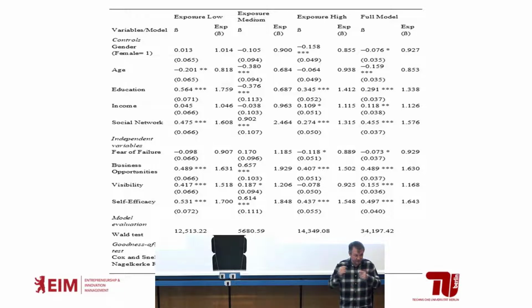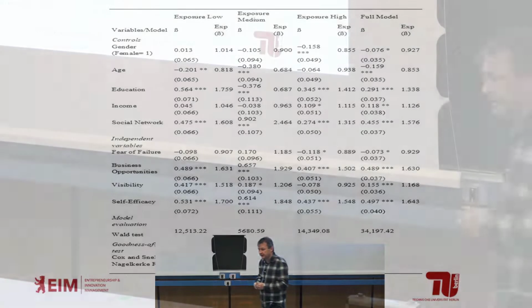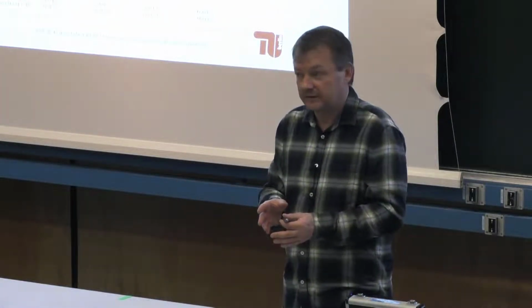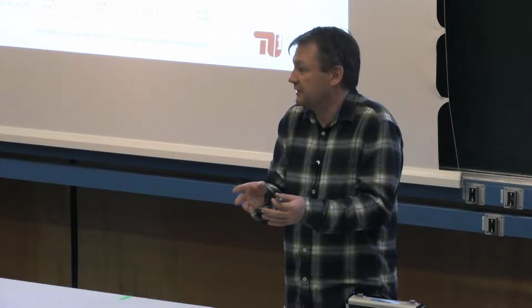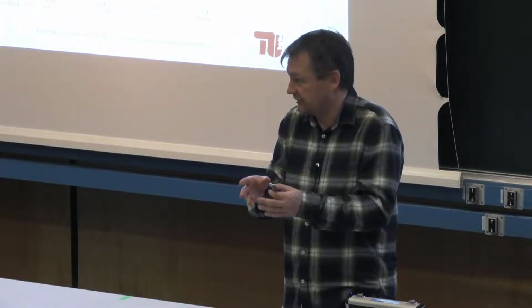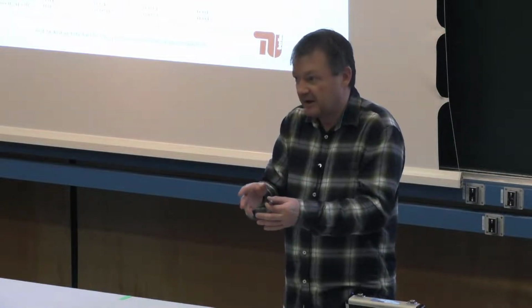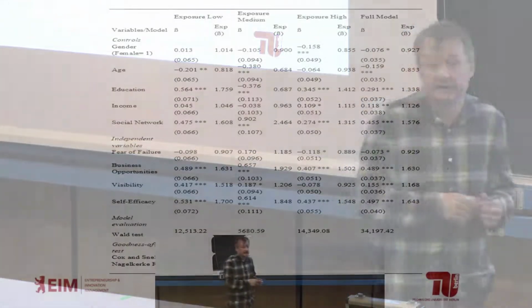But does it change when you go from low to high exposure? It changes when you look at the row of fear of failure. In the beginning, with low exposure, there is no effect. We don't find any statistical effect in this sample we have. But we find it with high exposure, and that's negative.